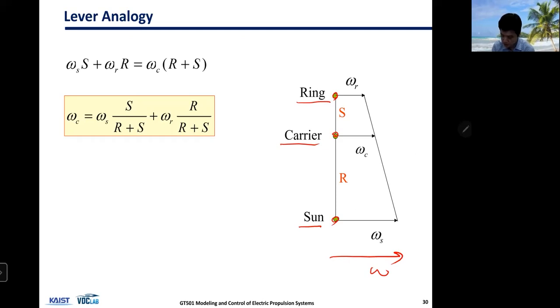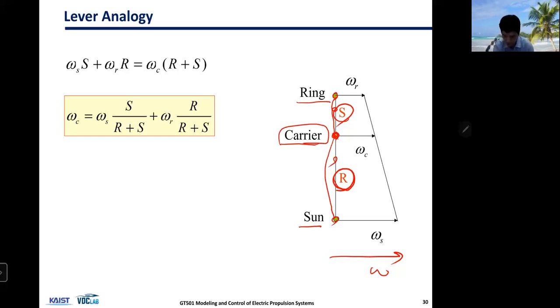By the way, the length of this lever is determined by the number of ring gear teeth and the number of sun gear teeth. That determines the gear ratio between the three drive shafts, and that determines where this carrier node will be located. It can be located here, or here, or here, depending on the gear ratios.